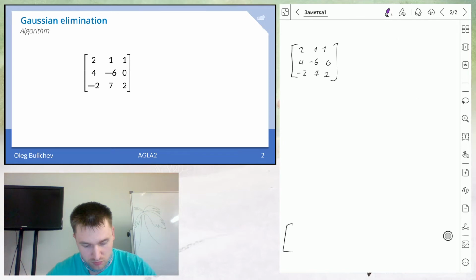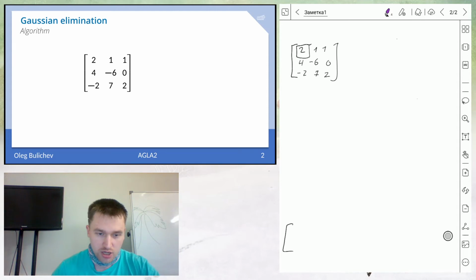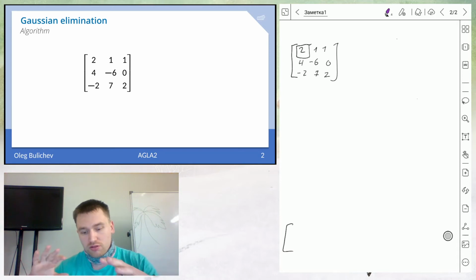In our case it should be the first non-zero point. It's just the definition. So it should be non-zero. If the current position is 0, we can exchange our rows, and after this we will have not this factorization but another factorization. It's out of scope for now.